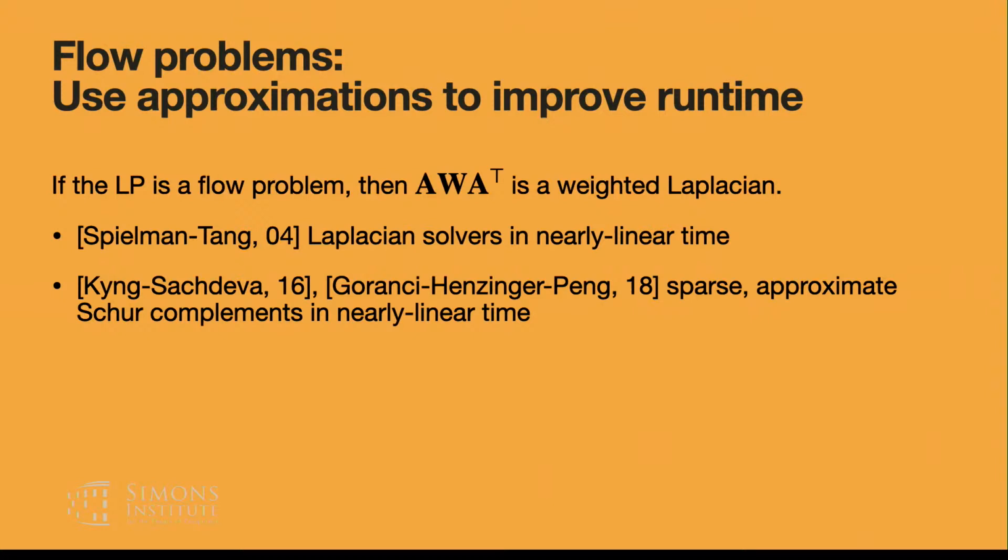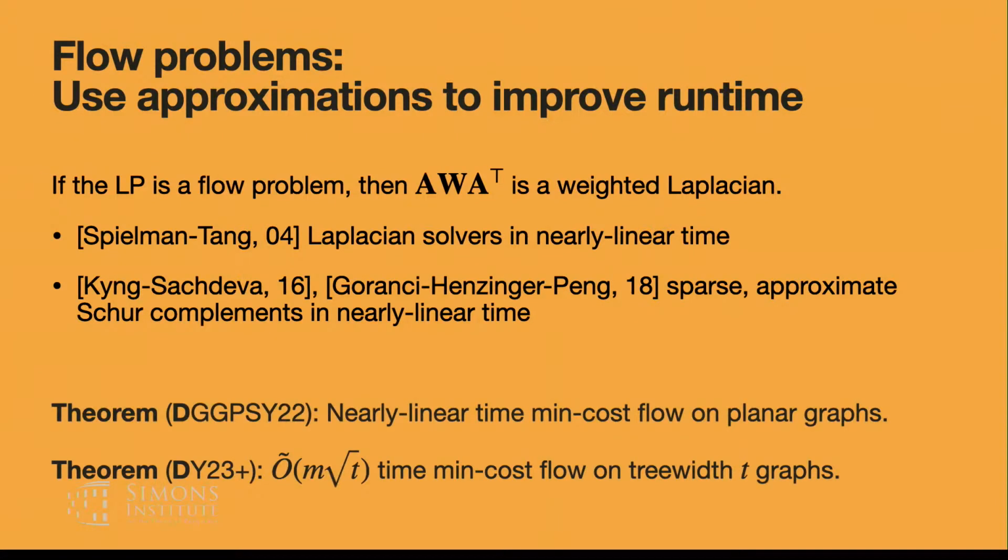And also we can take approximate Schur complements that are sparse. Because of these two tools together, we get nearly linear time min cost flow on planar graphs, and also m times square root n time min cost flow on treewidth-T graphs. So we don't get this for general graphs because both of these are lacking.